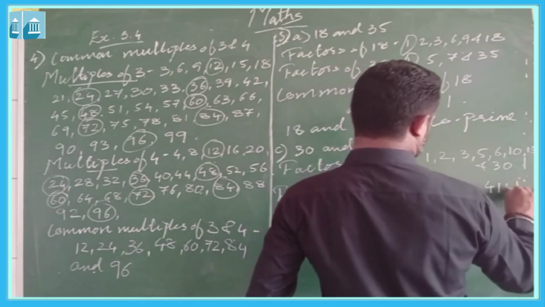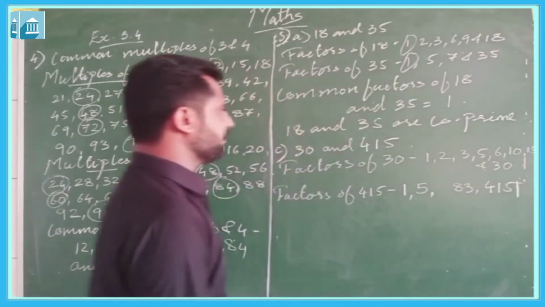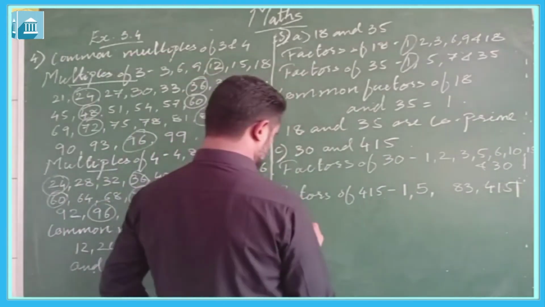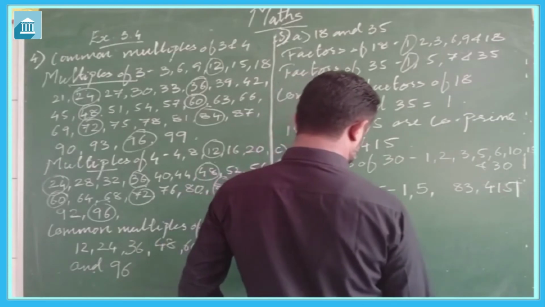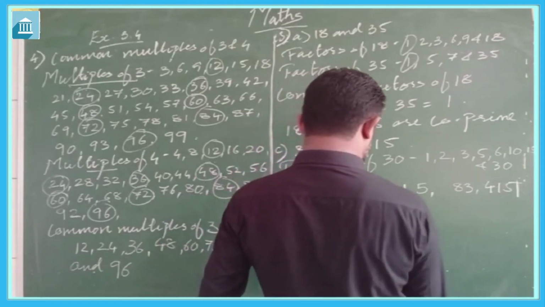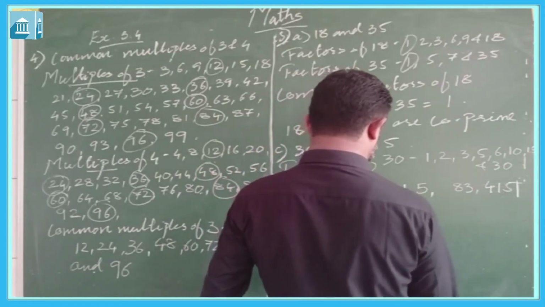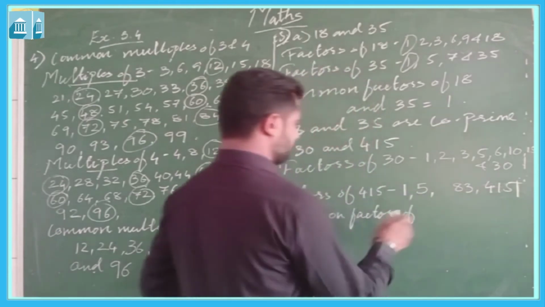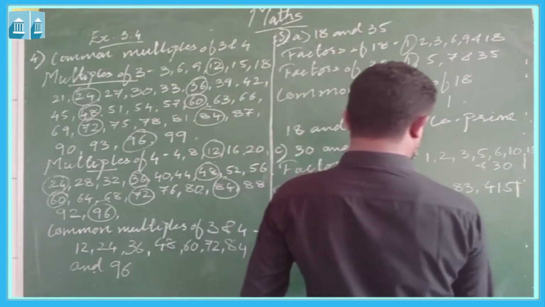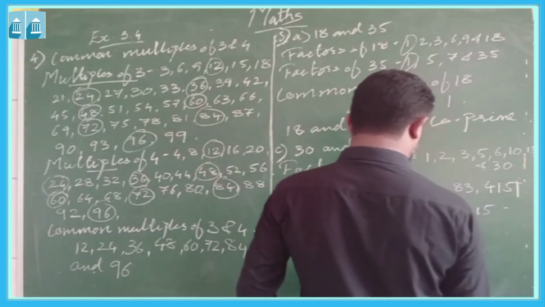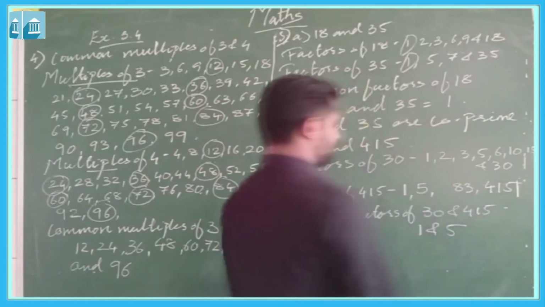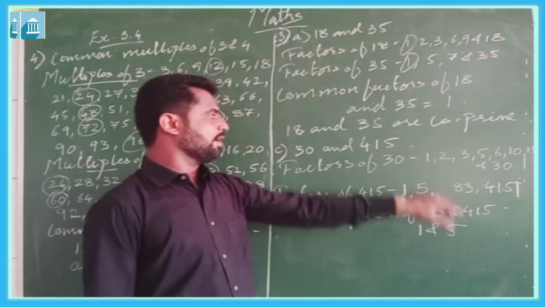Now if we see the common factors of 30 and 415, they are 1 and 5.